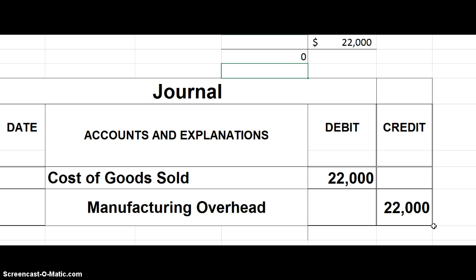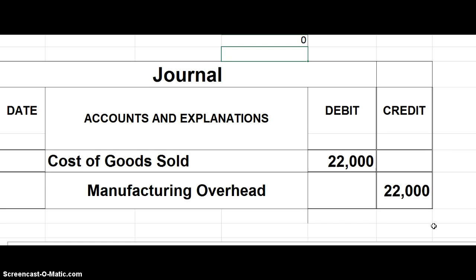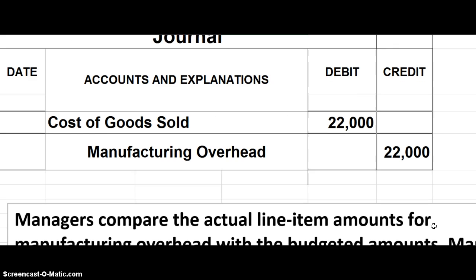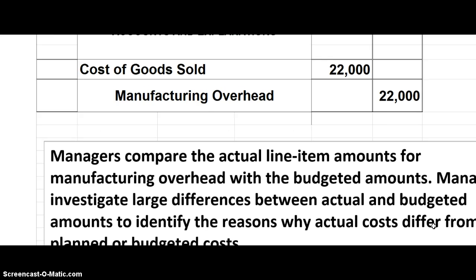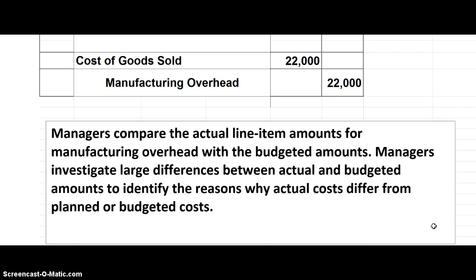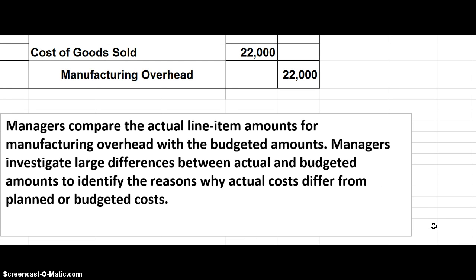Part 4, how can managers use accounting information to help control manufacturing overhead costs? Well, we used a whole bunch of budgeted information. And budgets are just our plans put down in financial terms.